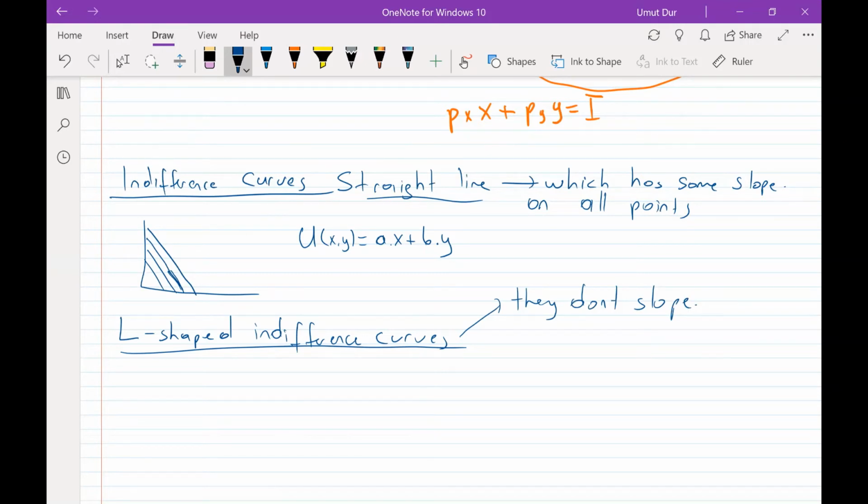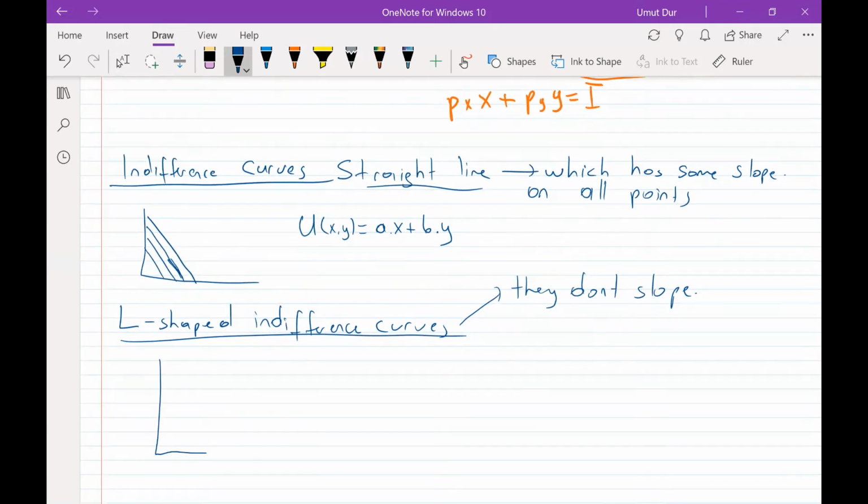As their name says, they are like this L shape. Why don't they have slope here? They don't have slope at these corner points. It's not defined at their corner points.